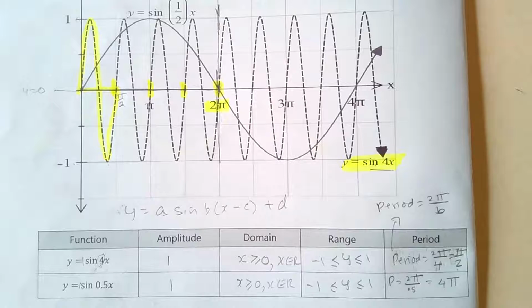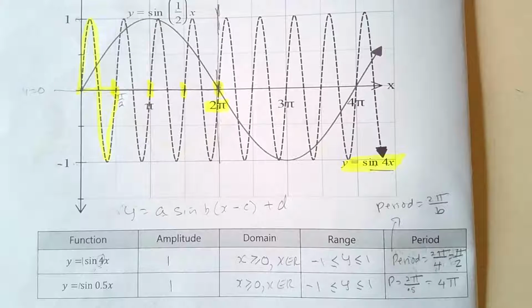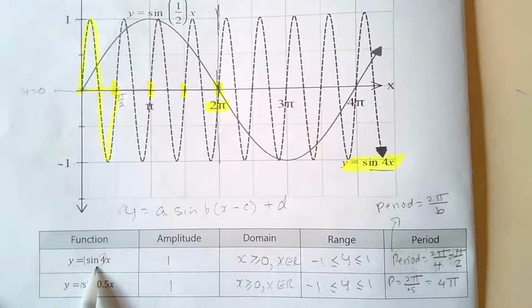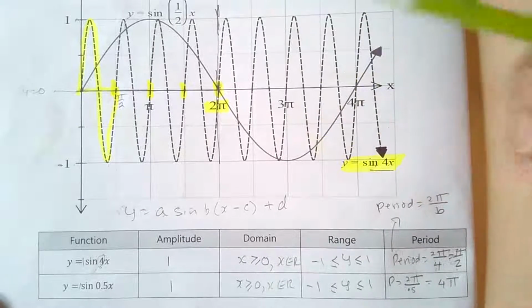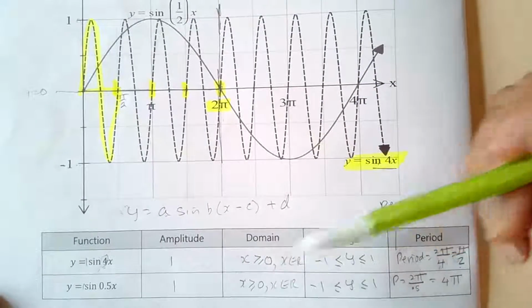Sometimes, as we'll see in the next section of this lesson, we'll have to sketch a graph when we're given an equation, and then the reverse: you're given a sketch and you have to determine the equation.